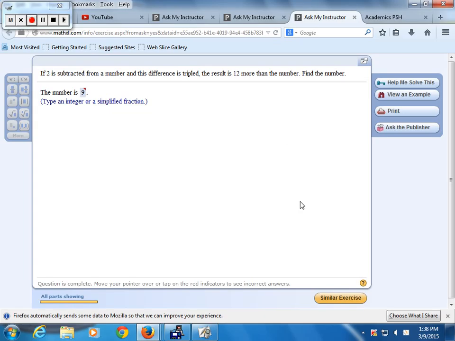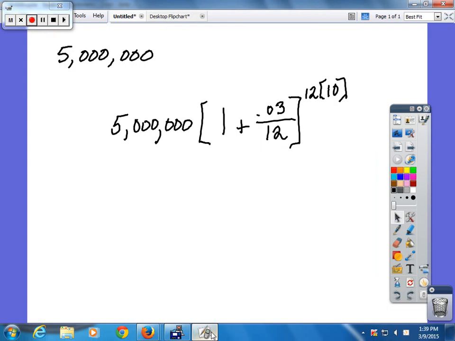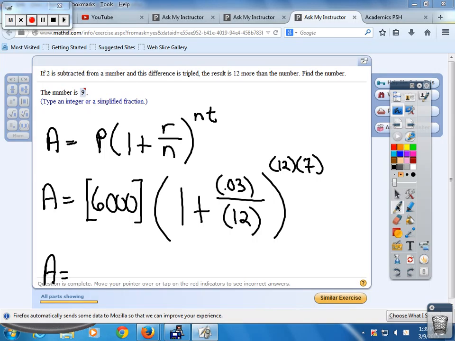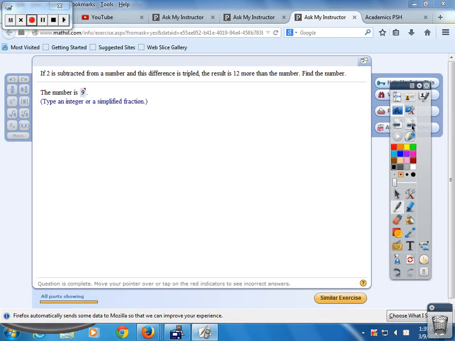All right, this one says if 2 is subtracted from a number, and this difference is what? The result is x plus 12, and what goes in the middle? Remember me telling y'all to do that?